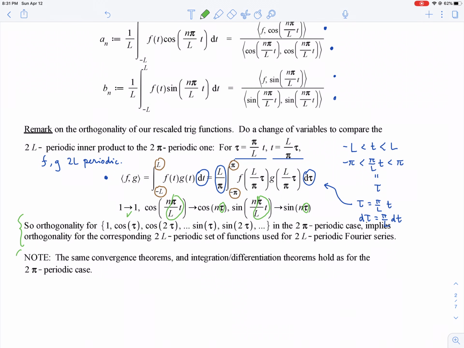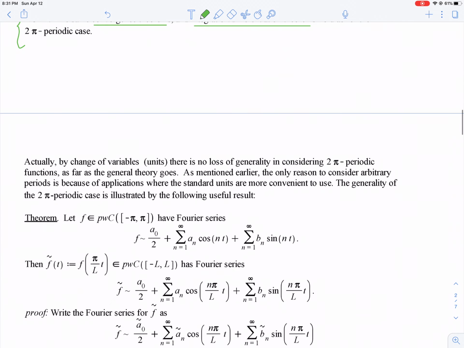And it's easy to check, if you want to think about it, that you get the same convergence theorems we had for 2 pi periodic. You get the same integration, differentiation, term by term theorems as we talked about in the last lecture. All right.